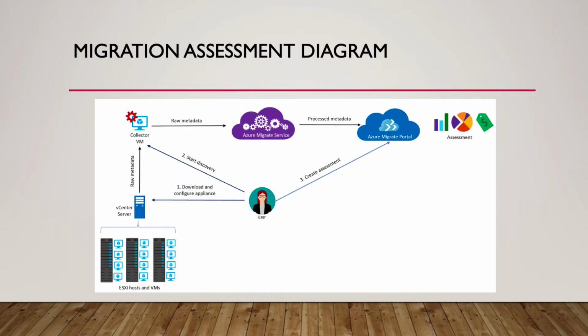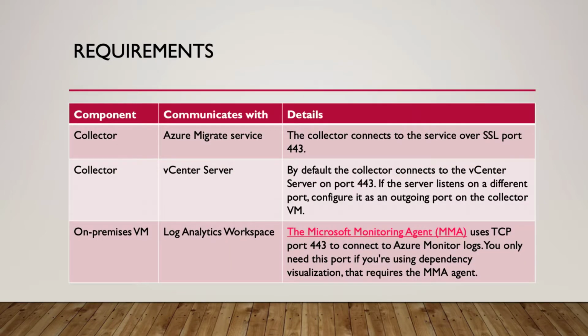Okay, let's finalize and review the components and requirements once again together. As you can see, we start with the collector, which communicates with the Azure Migrate service, and the collector connects to the service on SSL port 443. Remember, this is a secure connection that you start. Then we have the vCenter server, which is a part of the collector. By default, the collector connects to the vCenter server on port 443.